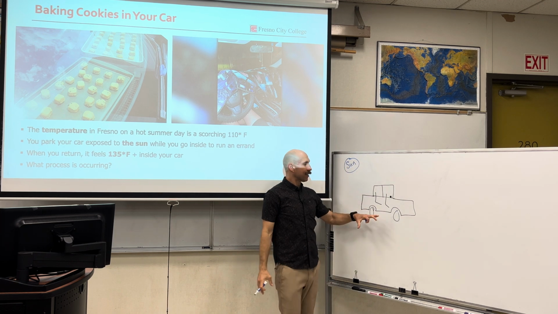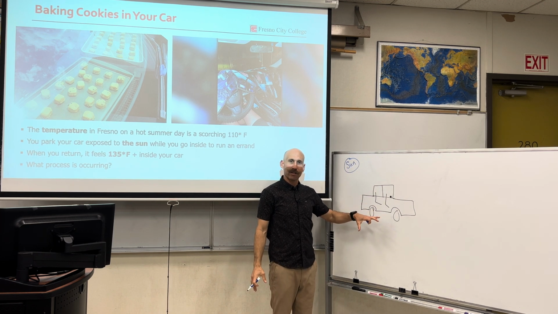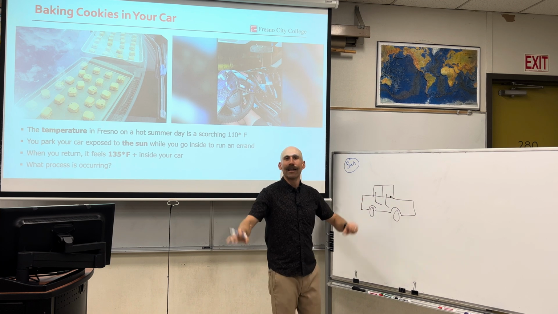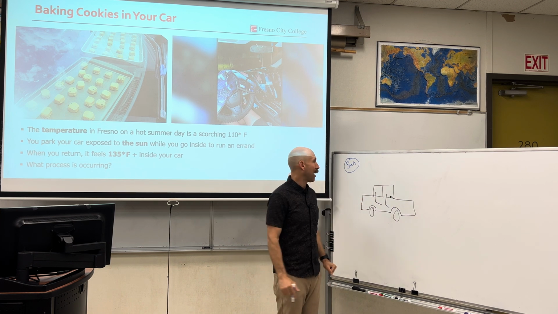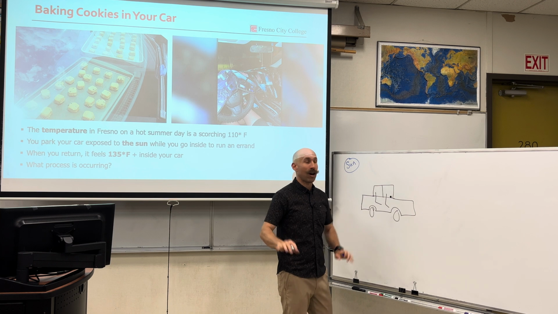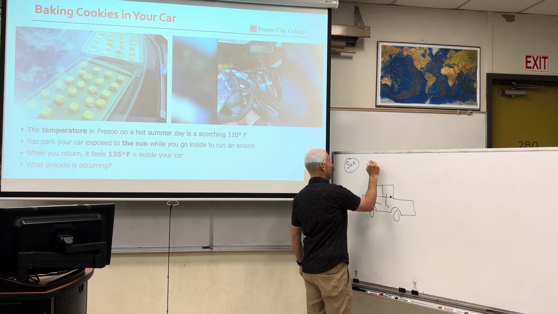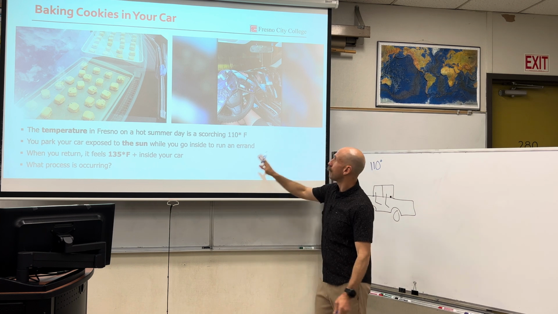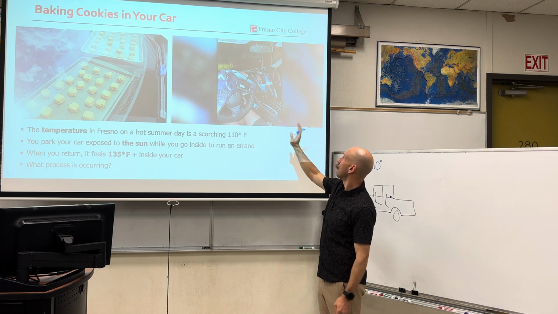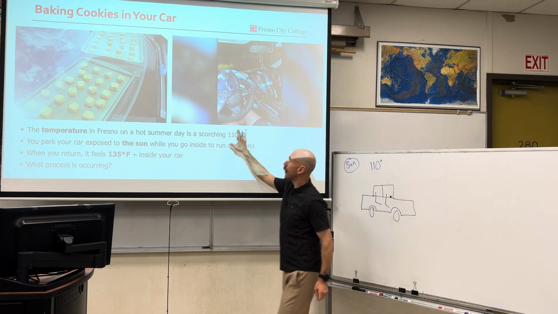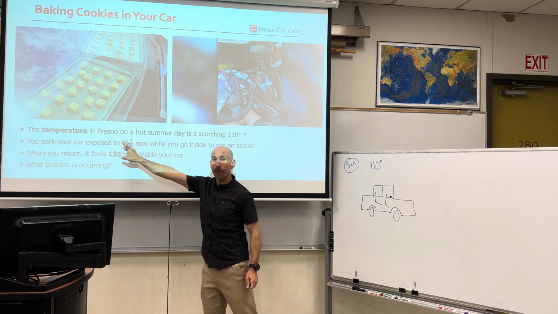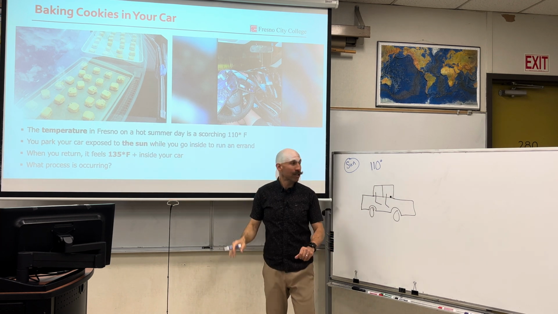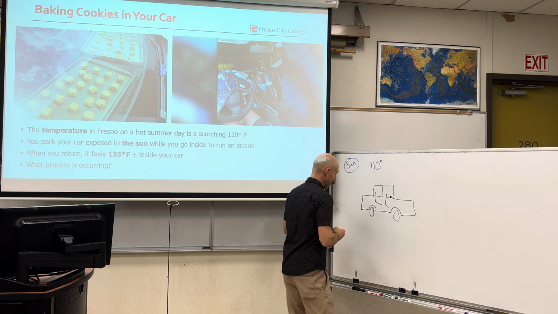Well, the sun is heating the surface of the Earth. Let's say it's 110 degrees outside, and whew, oh boy, that's a hot day, let me tell you what. But 110 degrees is not enough to bake cookies, and it's not enough to melt sunshades. But inside of the car, we're baking cookies and melting sunshades. So what's going on? Well, it happens like this.